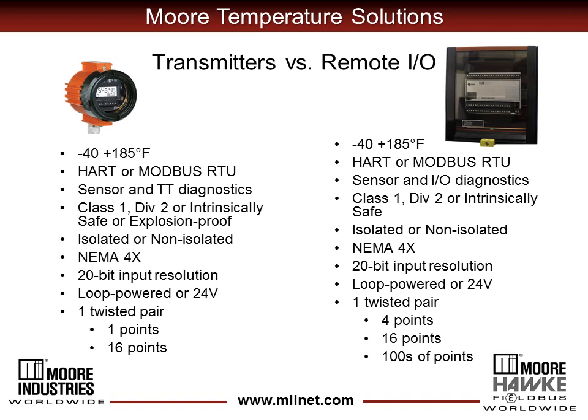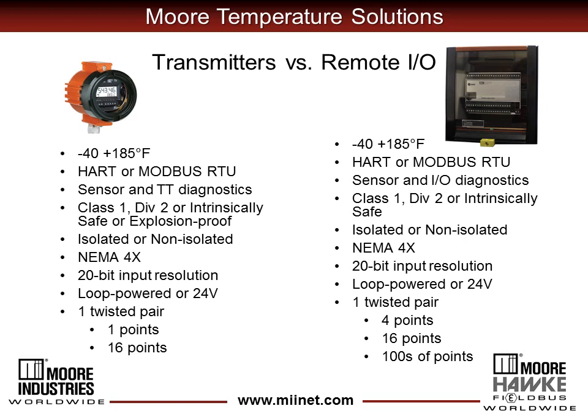Both of these use copper wire to transport their signals back to the control system or the data acquisition system, and you can expect copper to last the life of the plant, which is not true of the thermocouple extension wire. Modern I/O products have performance characteristics similar to transmitters and can be a lower cost alternative versus transmitters.